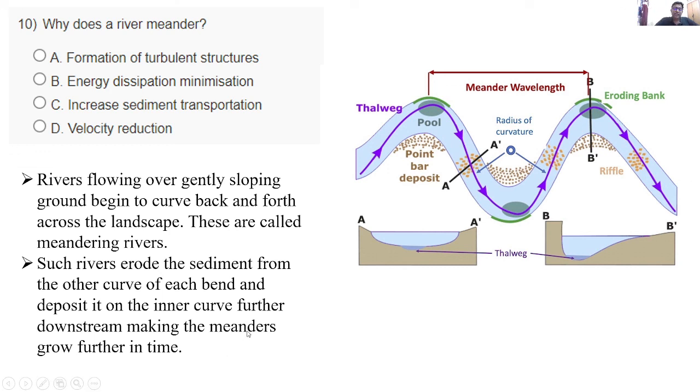Such rivers erode the sediments from the outer curve of each bend and deposit them on the inner curve further downstream, making the meanders grow further in time. So the correct answer should be option C, that is increasing sediment transport.